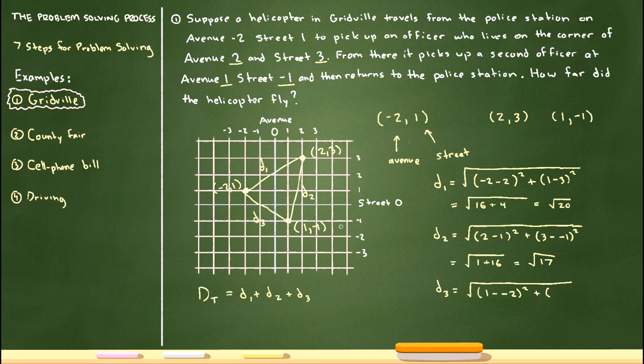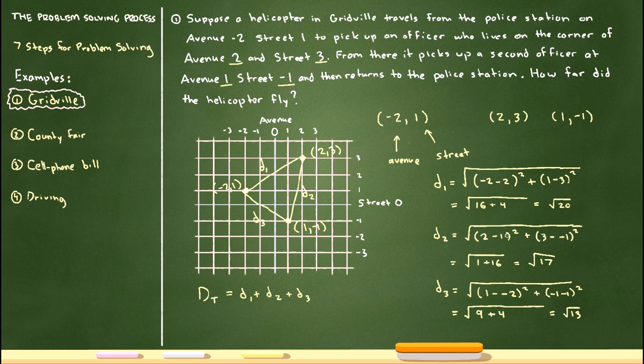And then for the rise, we're going to have -1 minus 1, and that's going to be squared. And so we get 1 minus -2 is 3, and 3 squared is 9. And then -1 minus 1 is -2, and -2 squared is 4. So we get that, which is equal to the square root of 13.